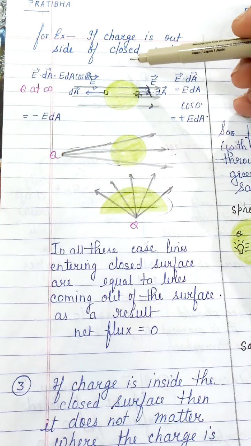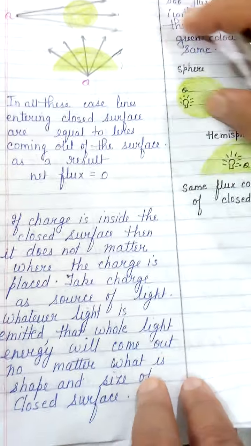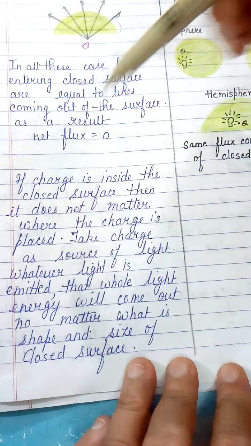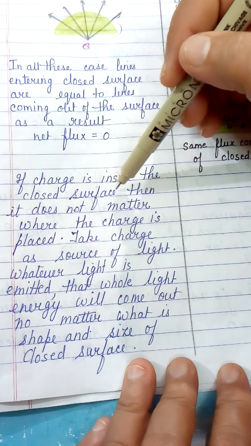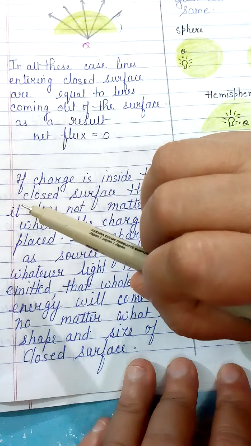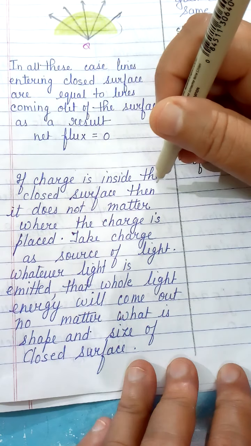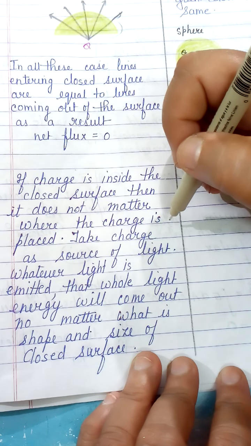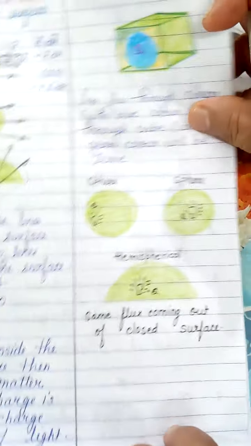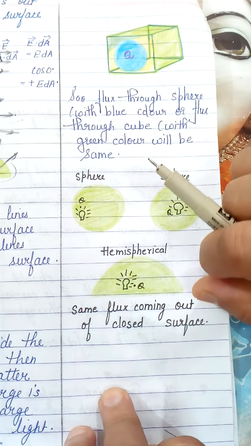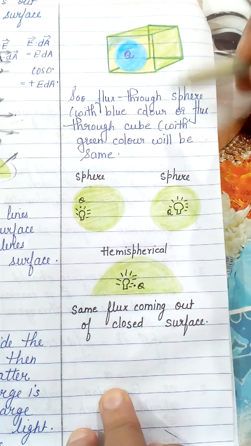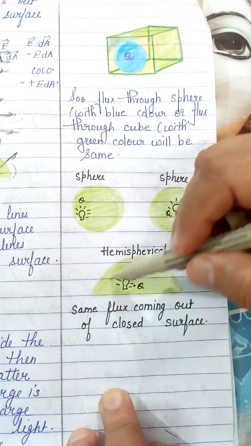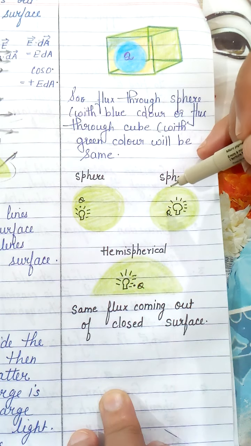Got this point? Now come to the next point of the concept. What is that? If the charge is inside the closed surface, then it does not matter where the charge is placed. That means take all the four cases. It's a cube, it's a sphere, and it's a hemispherical surface.